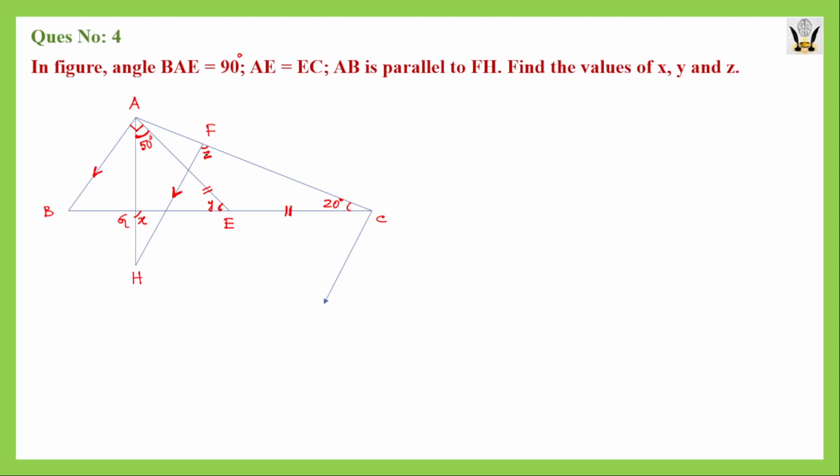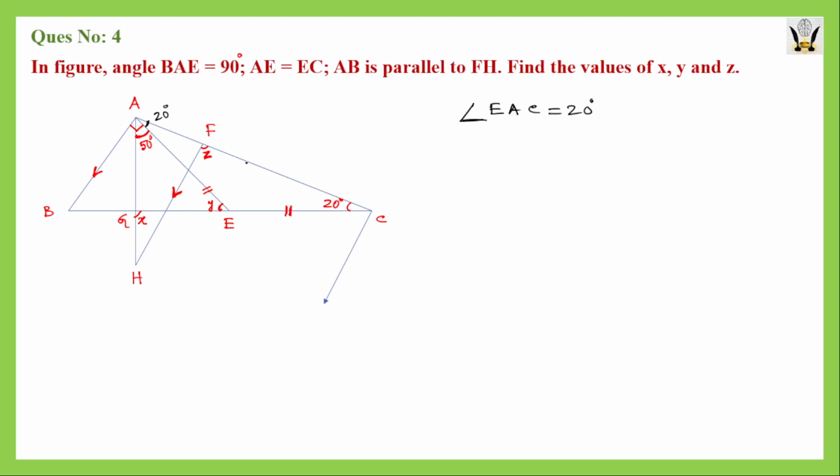Now let's proceed this way: AE is equal to EC, these two sides are equal. So this triangle AEC is an isosceles triangle, and the measure of this angle is given, which is 20 degrees. So the measure of this angle will also be 20 degrees, right? So what is that angle? That angle is EAC, and that is also 20 degrees.